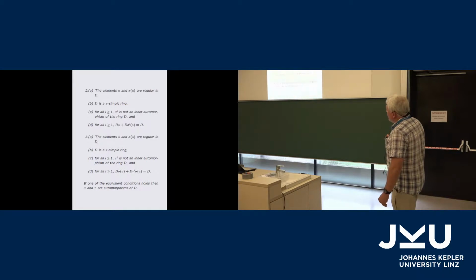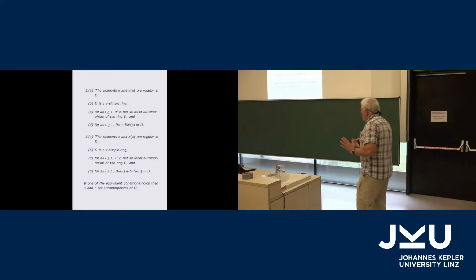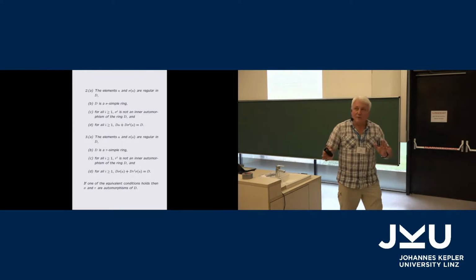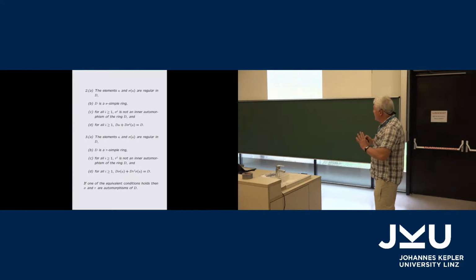But the second bunch of conditions, roughly speaking, is where sigma is replaced by tau. So the elements are regular, D is tau simple, here it is sigma simple, tau^i is not an inner automorphism, and this condition holds. So it means, as I mentioned, when sigma and tau are automorphisms, they are sort of independent.